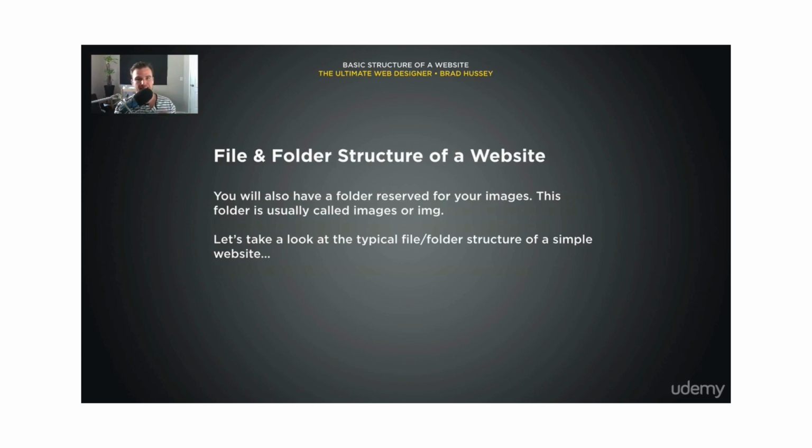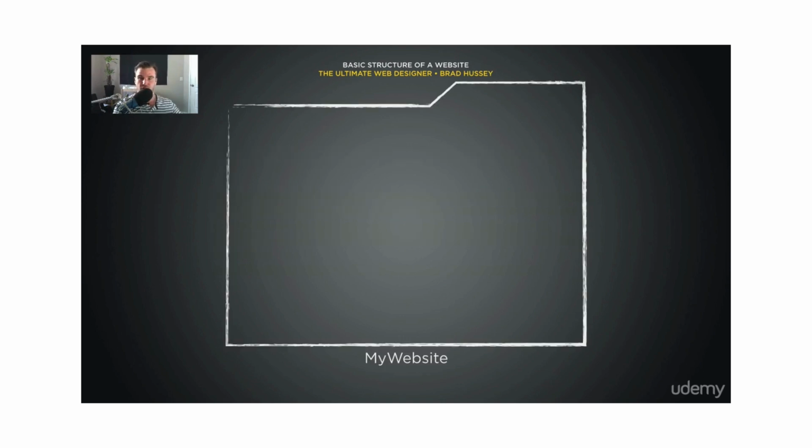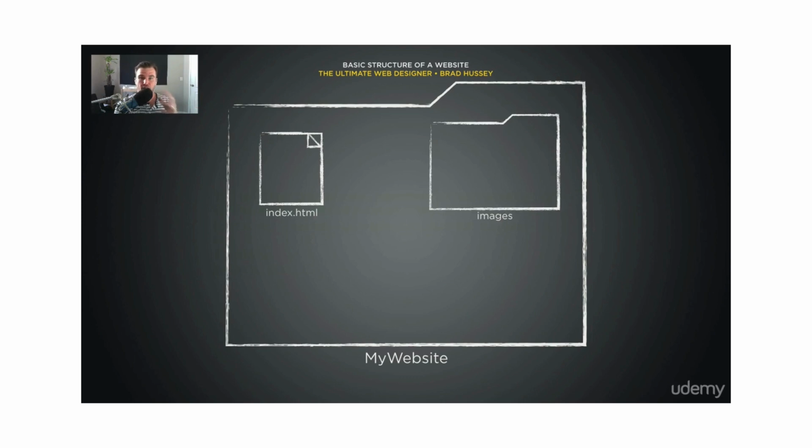So let's take a look at the typical file folder structure of a simple website. So here we have a big folder. We're going to call it My Website. Within that folder, we have our index.html file, our homepage. And we also have a folder within that folder called images, where we're going to hold all of our images, like the logo.jpg file.